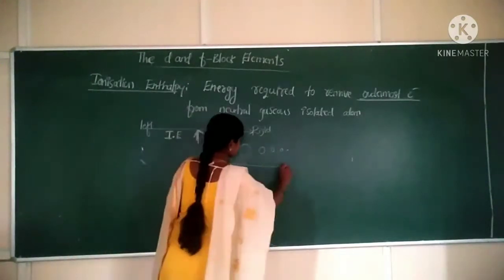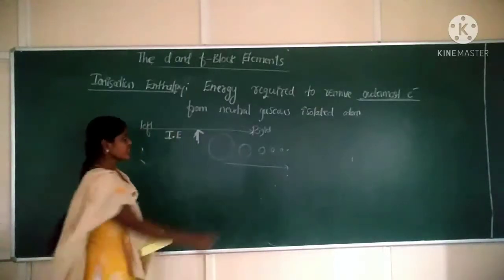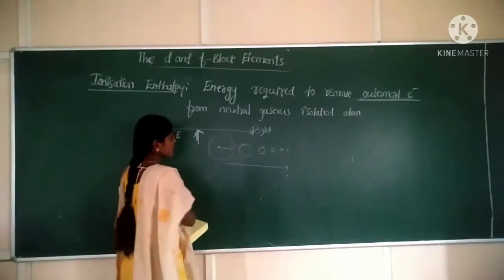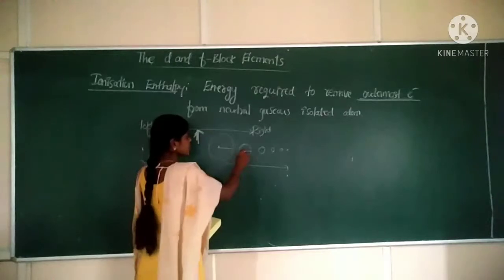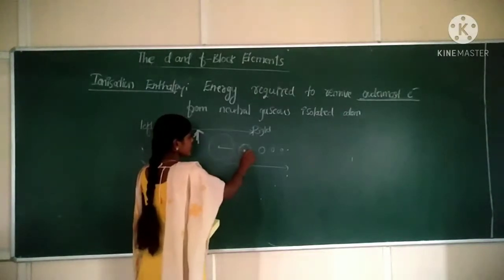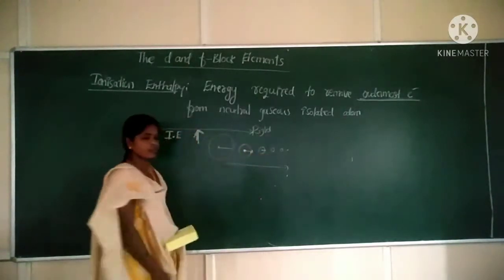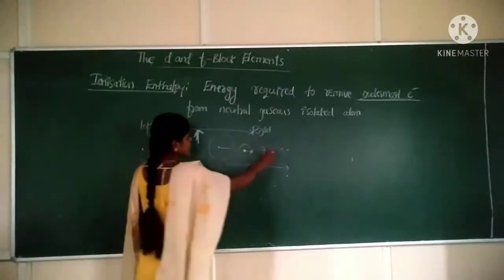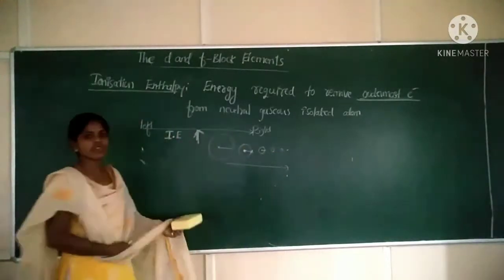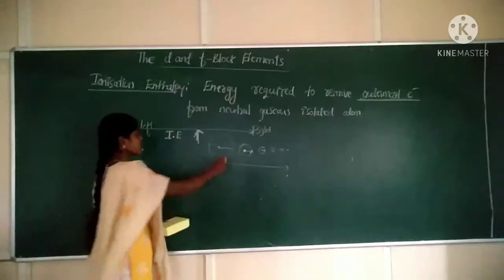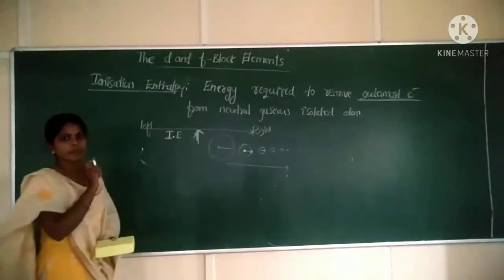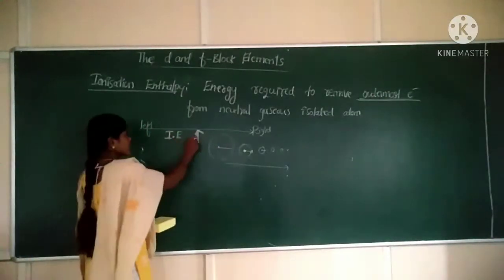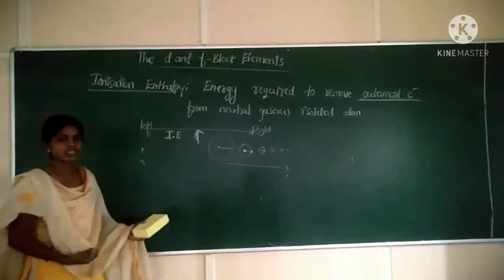When size decreases, the attractive force between the nucleus and the outermost electron will be what? More. So to remove the electron from the outer shell, we need a large amount of energy. Because of that reason, across the period ionization enthalpy increases.